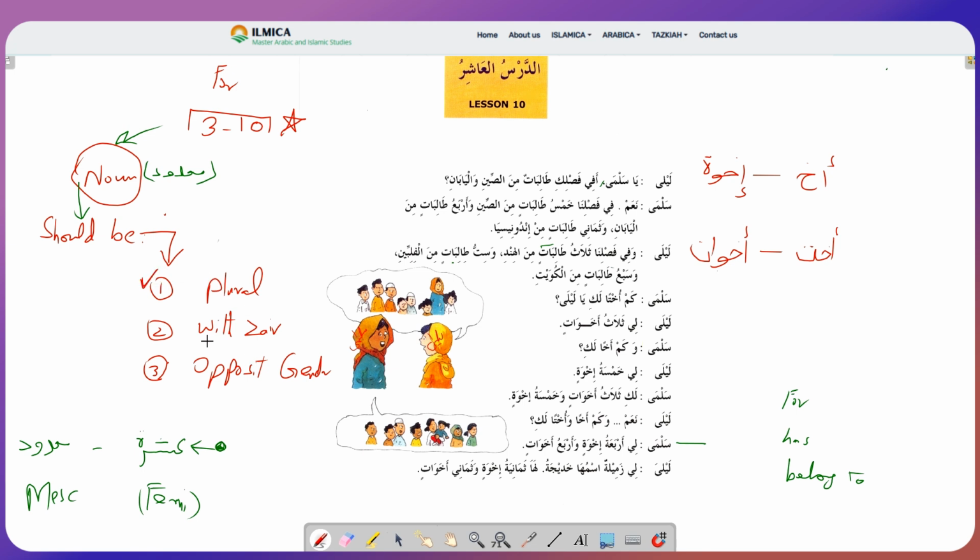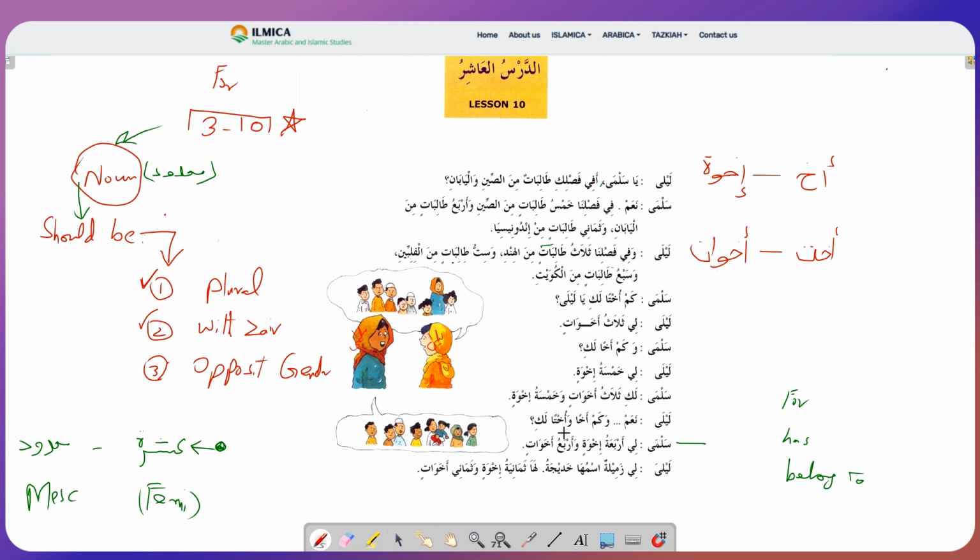Now the second condition: it should be with tanween. See here, akhawatin, there is tanween at the end. So the second condition is also fulfilled. Now the third thing, it should be opposite in gender. Is this condition fulfilled here? Yes, definitely, because arba'u is a masculine word.